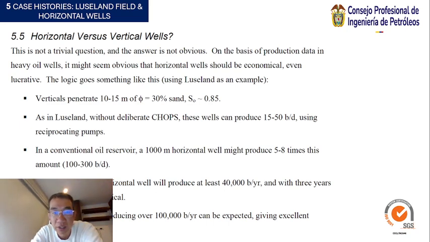A 1,000 meter horizontal well might produce 5 to 8 times this amount, 100 to 300 barrels per day. Thus, a horizontal well will produce at least 40,000 barrels per year, and with 3 years of production, be economical.